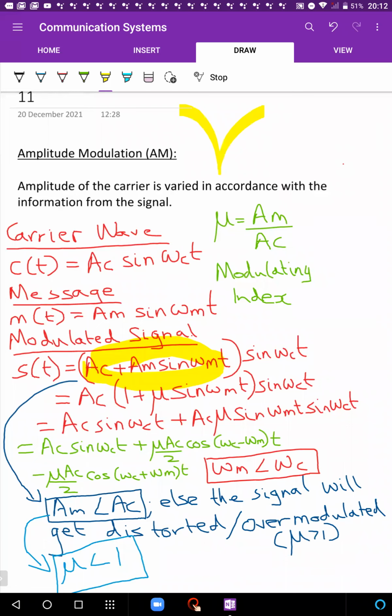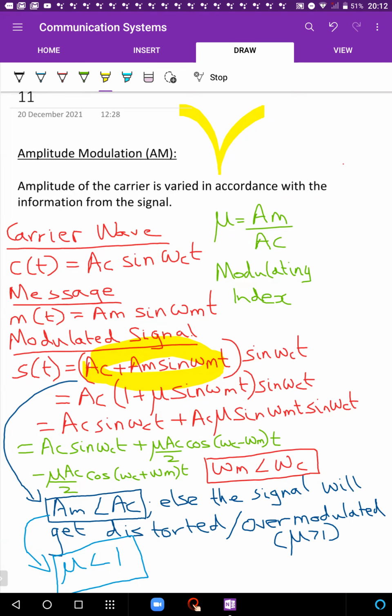So it's basically going to distort the signal. It will not enable a proper interpretation of the signal. So keep it simple. Basically, this term should not become 0. This term should not become lesser than 0.